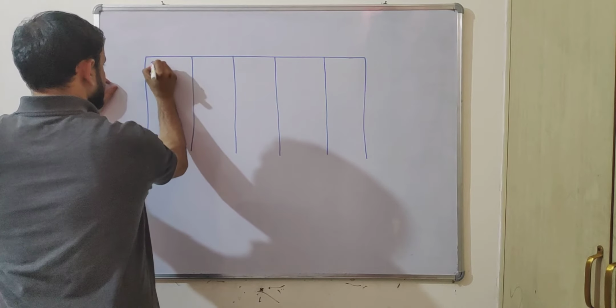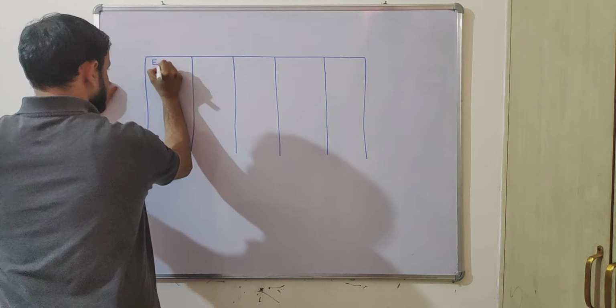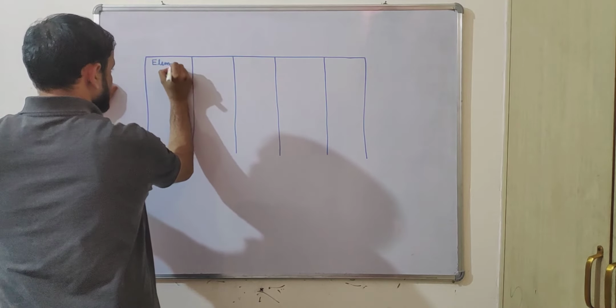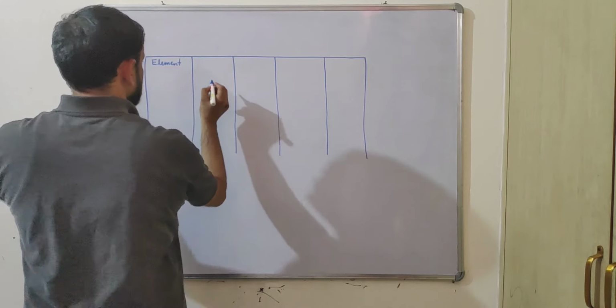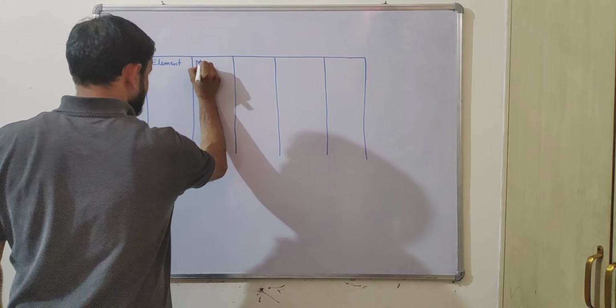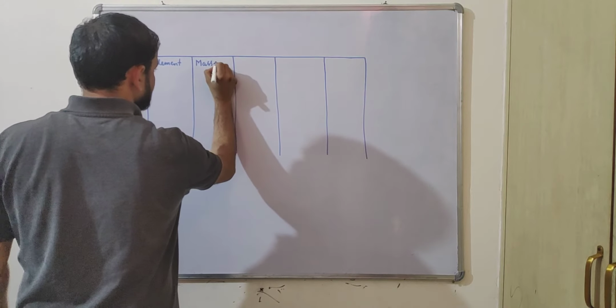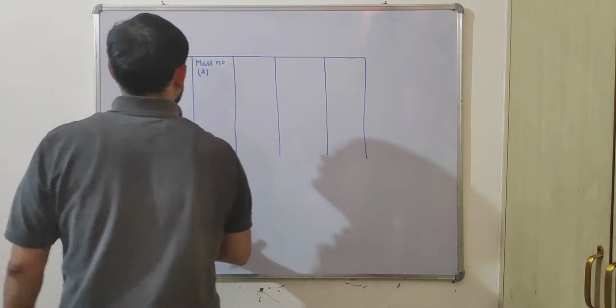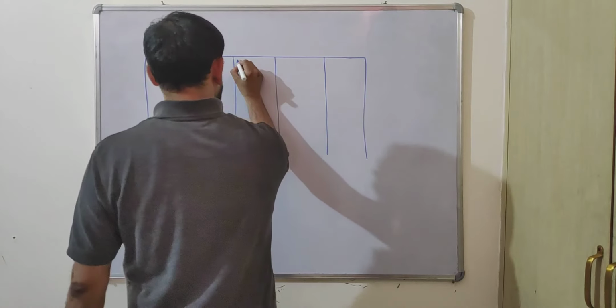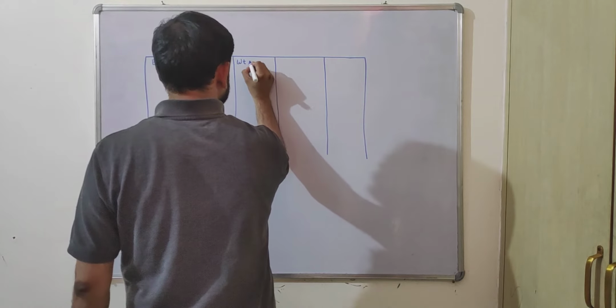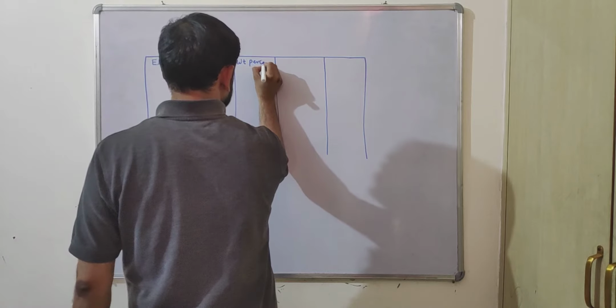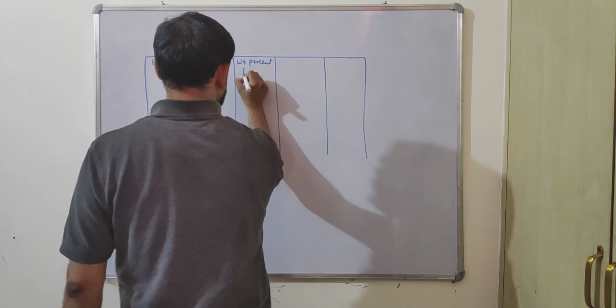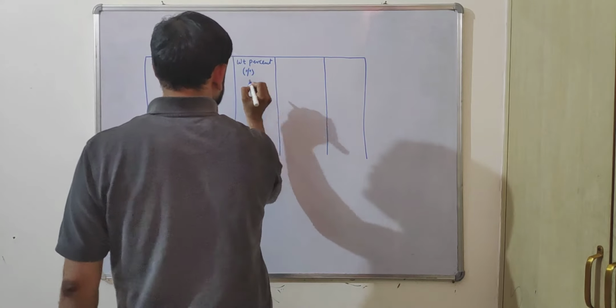In column 1, put element, mass number, or we can say A, weight percent, or simply percentage.